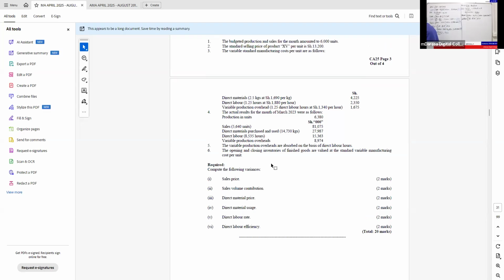How much do you plan to pay per hour? 1880. How much are you actually paying per hour? We paid a total of 15,363,000.